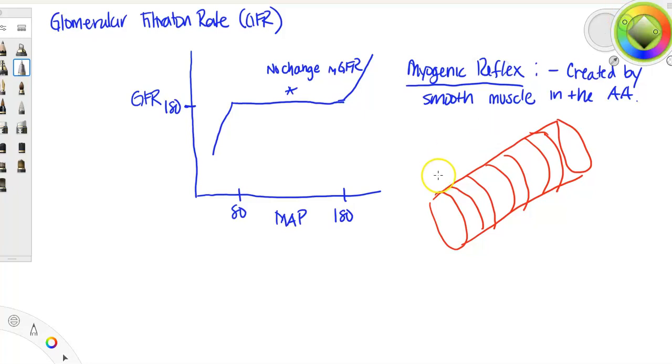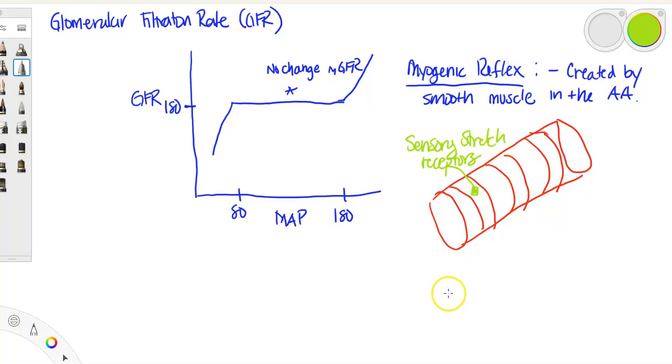And within that smooth muscle are receptors, and these are sensory stretch receptors. So when that arteriole feels stretch, that will stimulate the smooth muscle to contract.